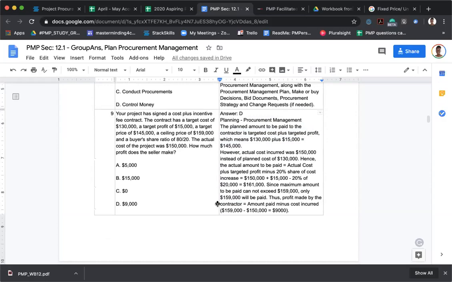Okay, so they did 130 plus, because the total amount to be paid is 130 plus 15, which we said was 145. So we have 145K. The cost incurred was 150 instead of the planned cost of 130. Hence, the actual amount to be paid is actual cost plus targeted profit minus 20% share of the cost increase.